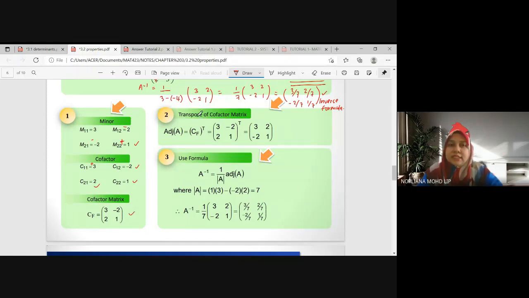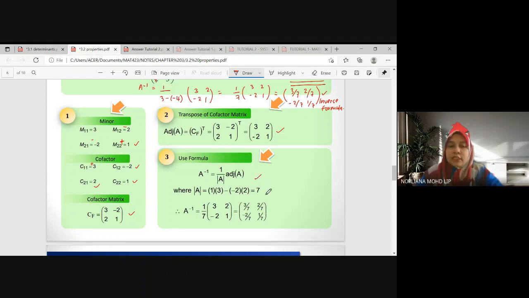Okay, and then second, find the adjoint matrix. The adjoint matrix is the transpose of the cofactor matrix. Okay, transpose: interchange row with column. So we have this one. Then apply this formula of the adjoint method.